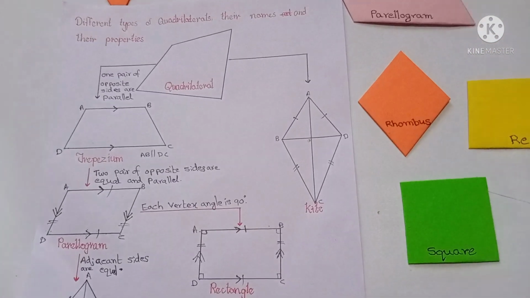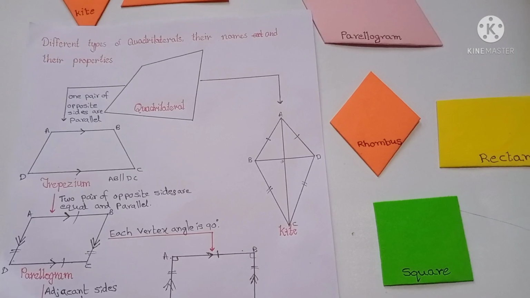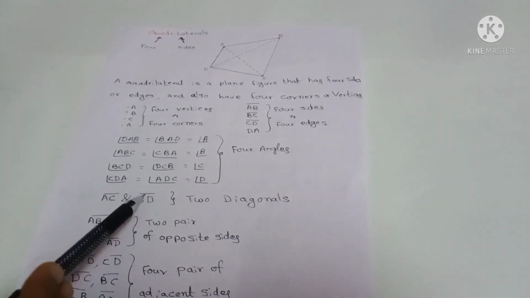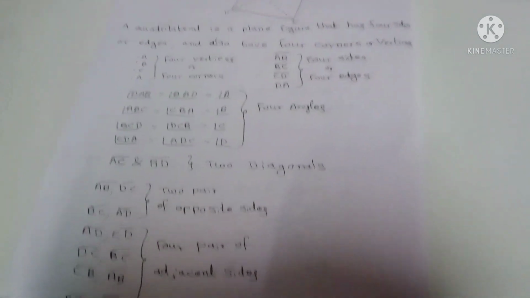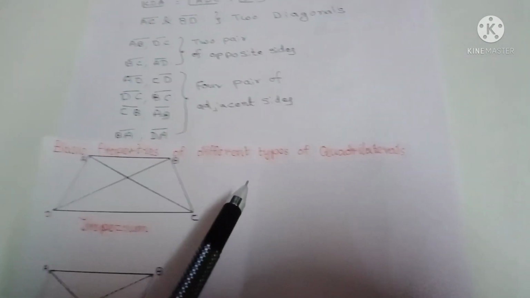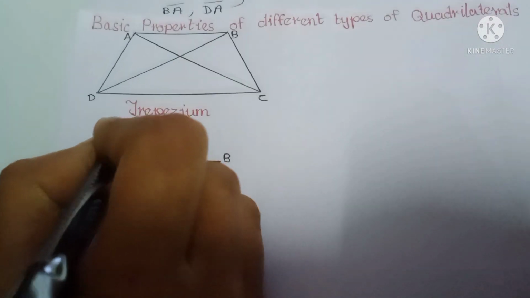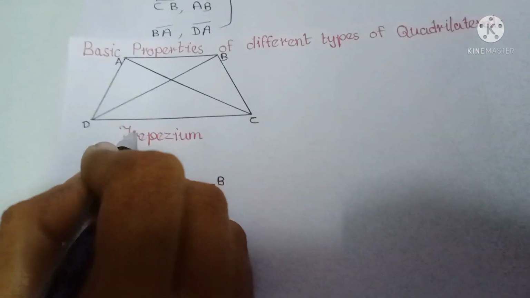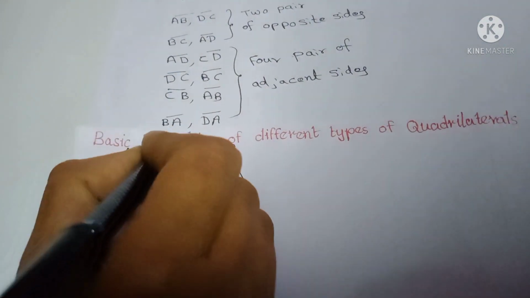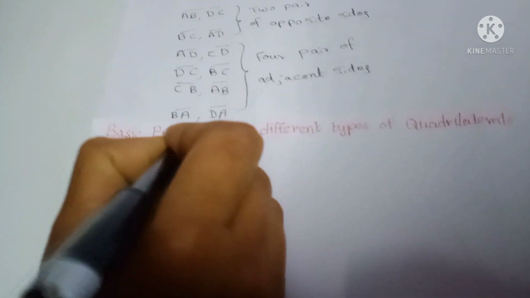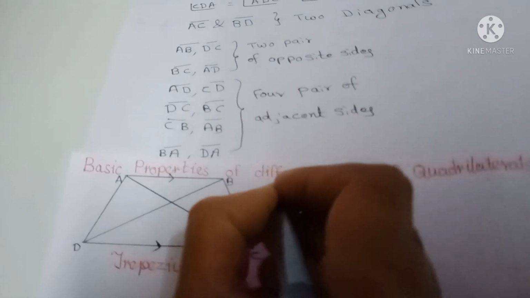This is a kite. Basic properties of different types of quadrilaterals. Do you understand, children? Okay? Good. These are basic properties of quadrilaterals. Now, basic properties of different types of quadrilaterals. First one, trapezium. A trapezium has one pair of opposite sides parallel like this. Write like this.